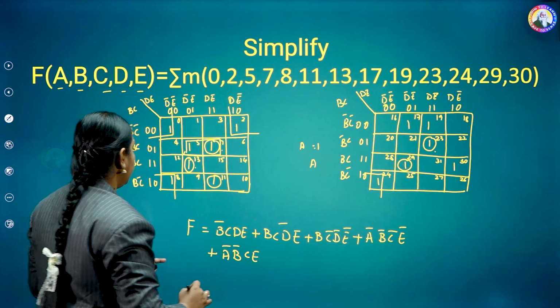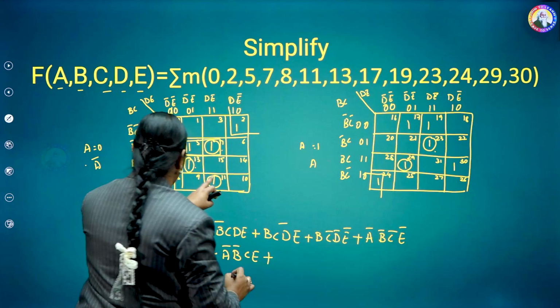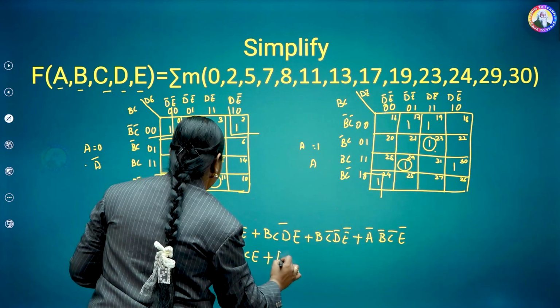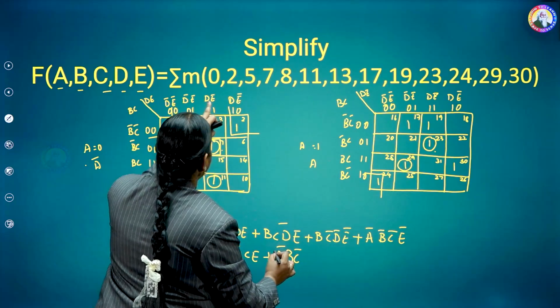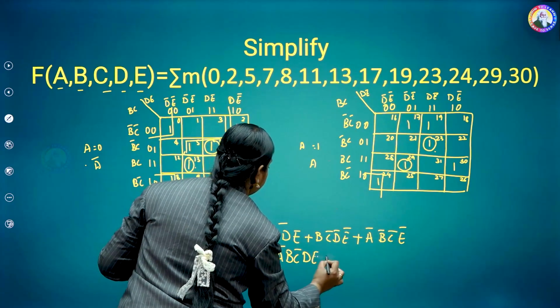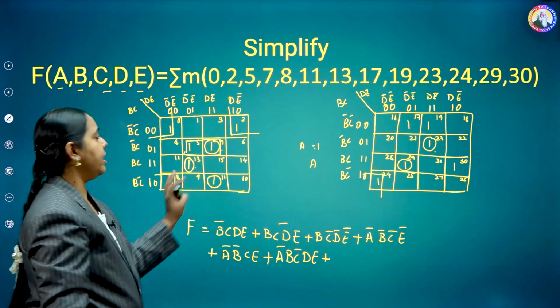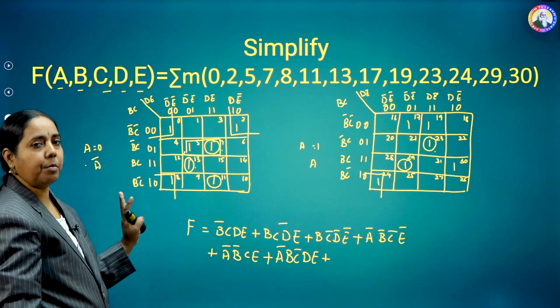The term with respect to only this cell is A bar, B, C bar, D, E. Plus. So this square is completed, meaning I grouped all the terms.